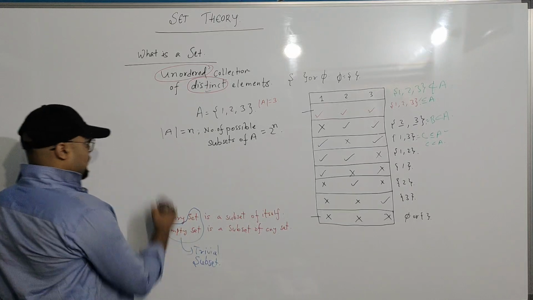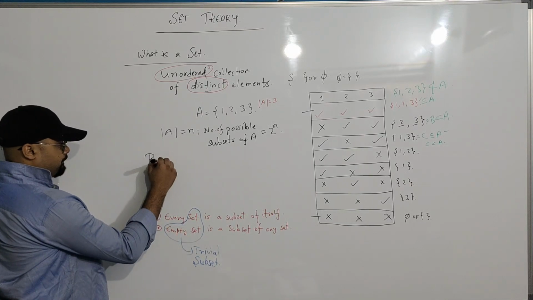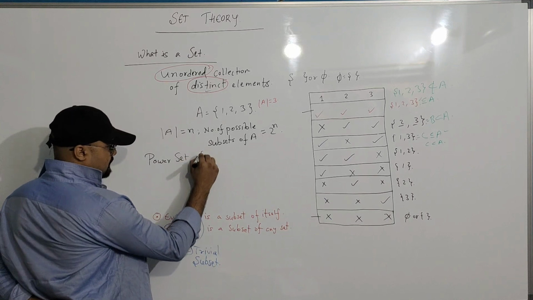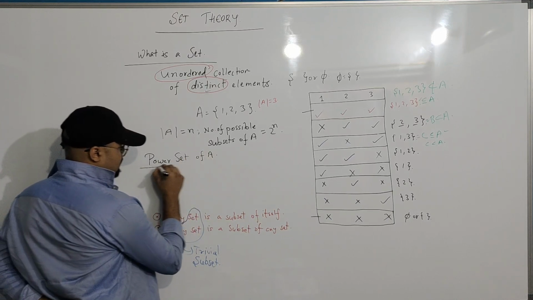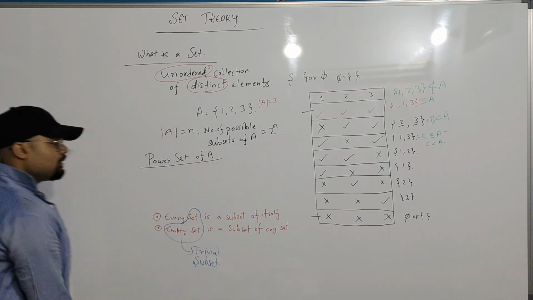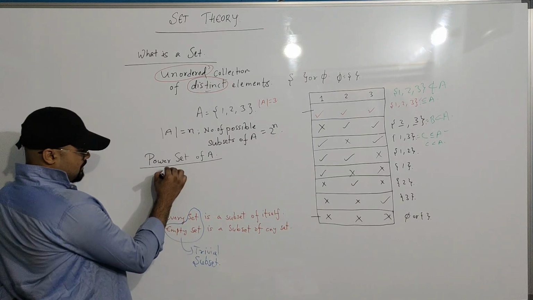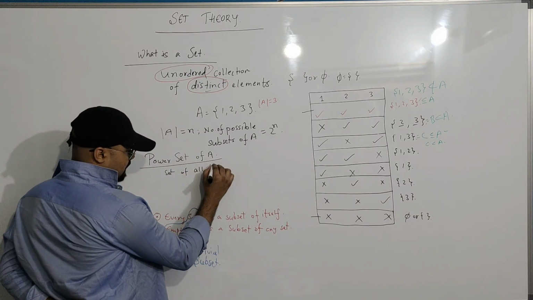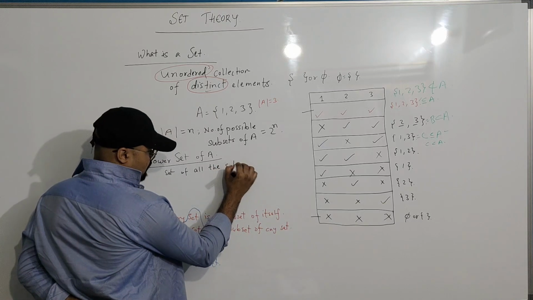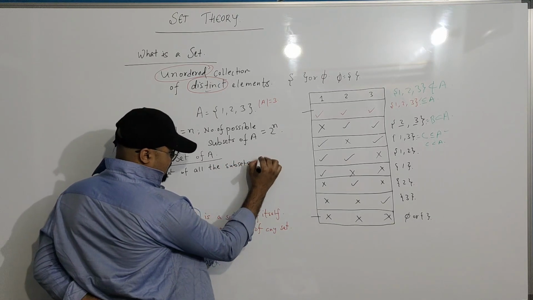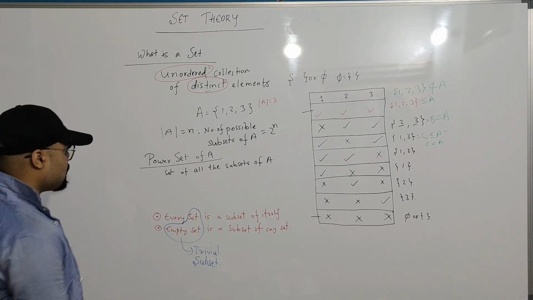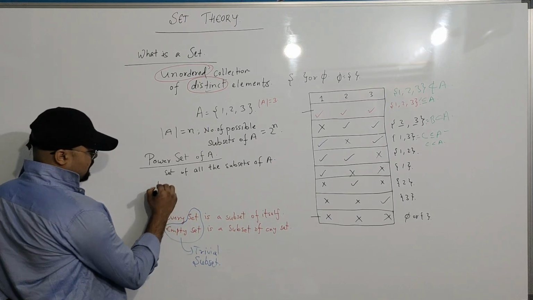What is the power set of A? Power set is a set of all the subsets of A. All the subsets of A. So what is the power set of A?